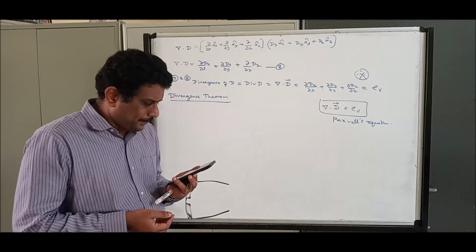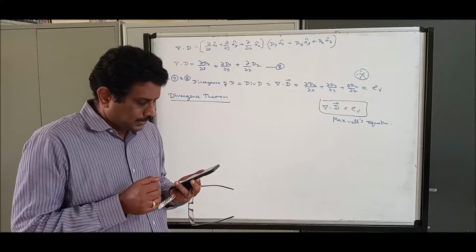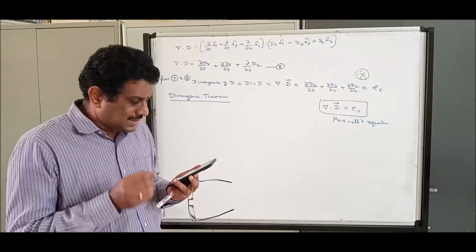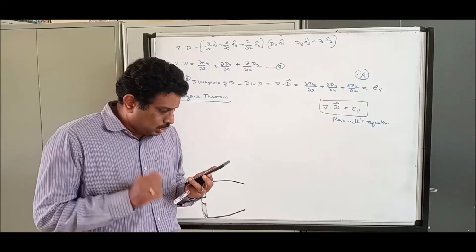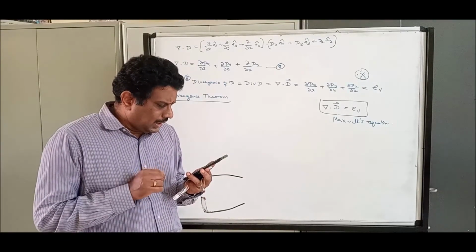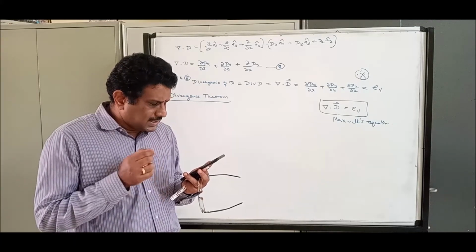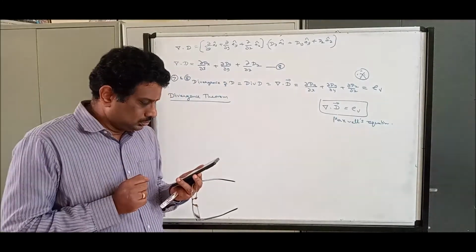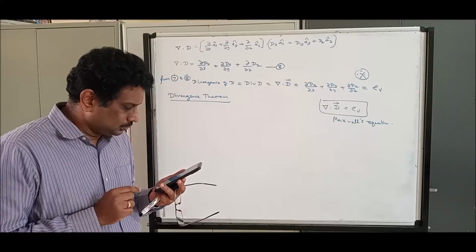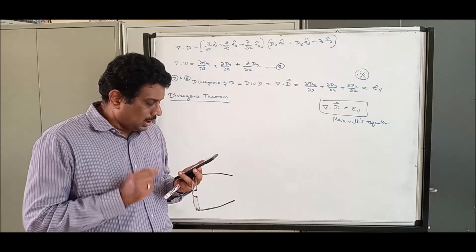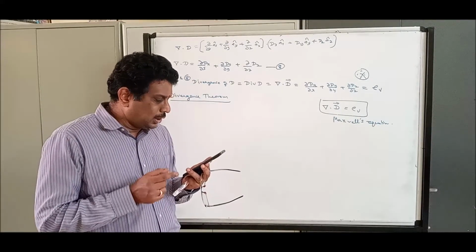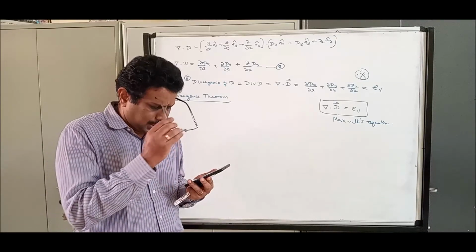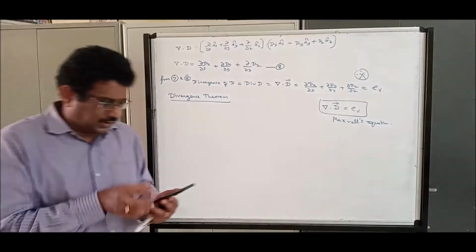The integral of the normal component of any vector field over a closed surface is equal to the integral of the divergence of this vector field throughout the volume enclosed by that closed surface.